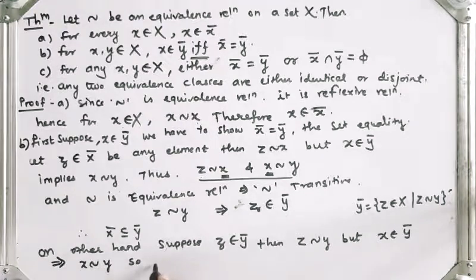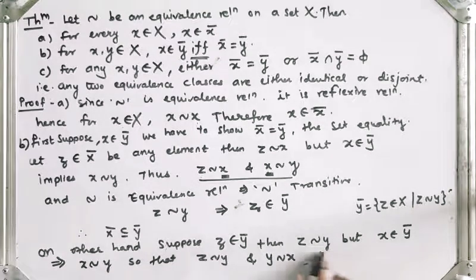So what we get here is z equivalent to y and x equivalent to y. I will say y equivalent to x, because tilde is symmetric, which implies that from these two combined cases tilde is transitive.